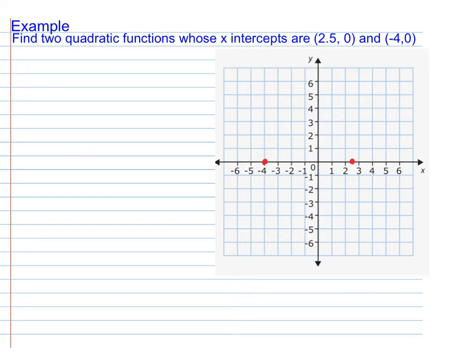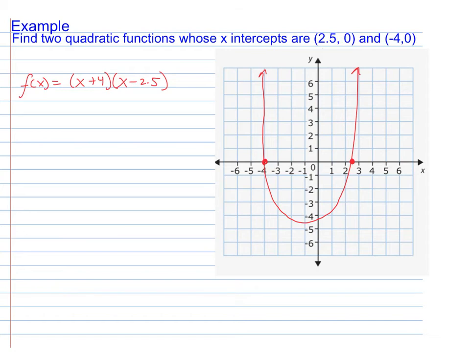But if I have my intercepts, I'm going to roughly sketch a graph. Most quadratics look like this. So that would be one quadratic, and I could say it would be f of x is equal to x plus 4 and x minus 2.5. Remember, it's always going to be the opposite of what's inside.